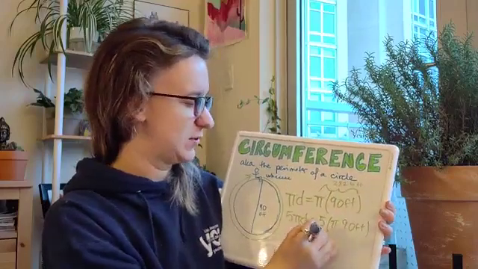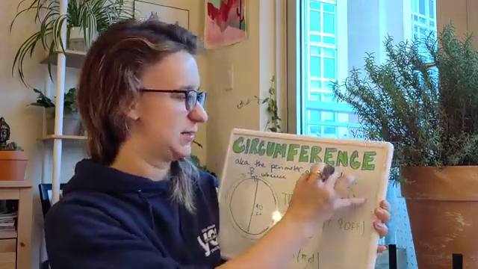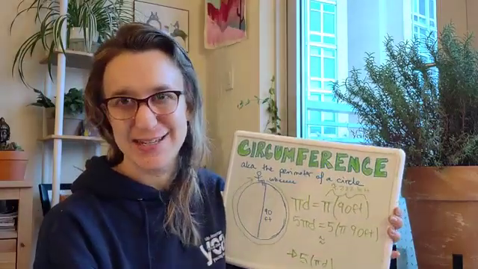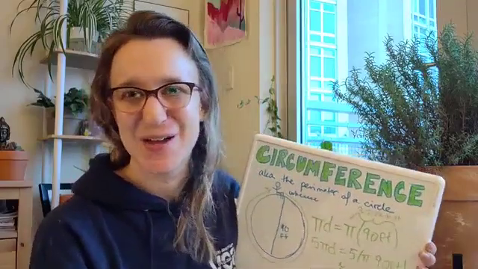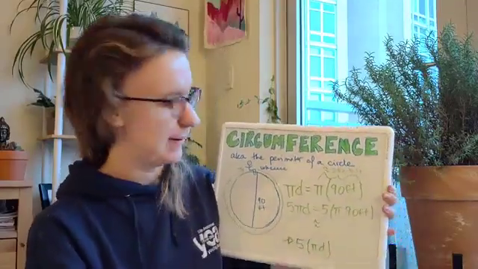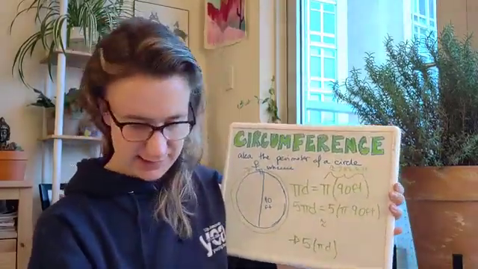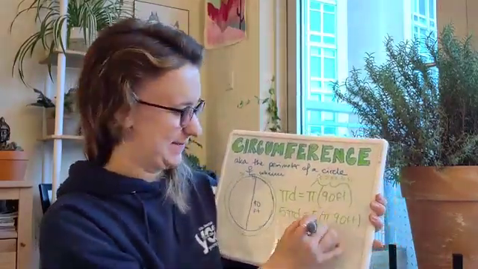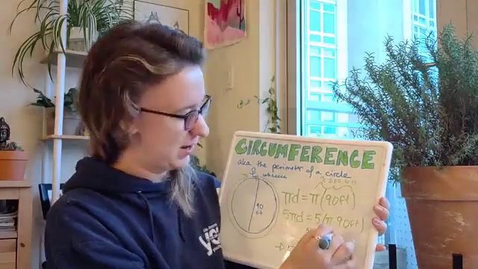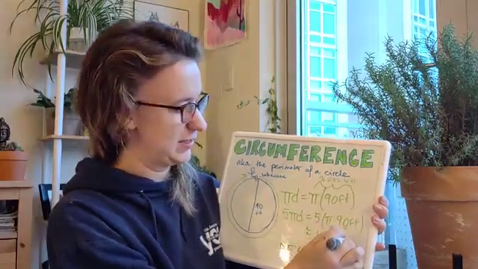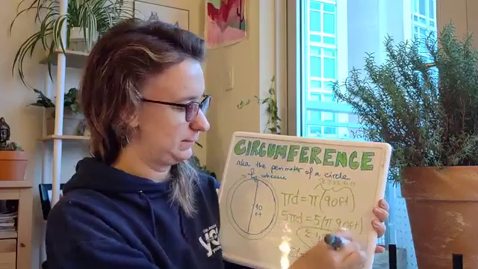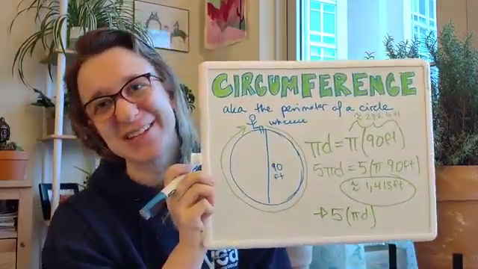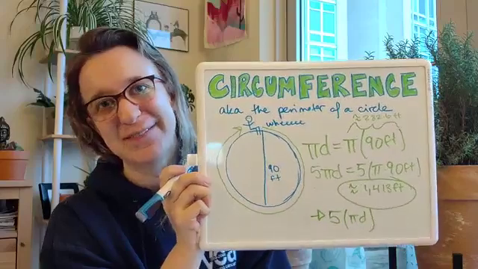I'm going to use the approximation signs to remind ourselves that we're approximating pi. We're not using an exact value because there is no exact value for pi. It's just an approximation. And that's going to give us, are you guys ready? 1,413 feet. That's how far Rob travels, going 5 times around this Ferris wheel.